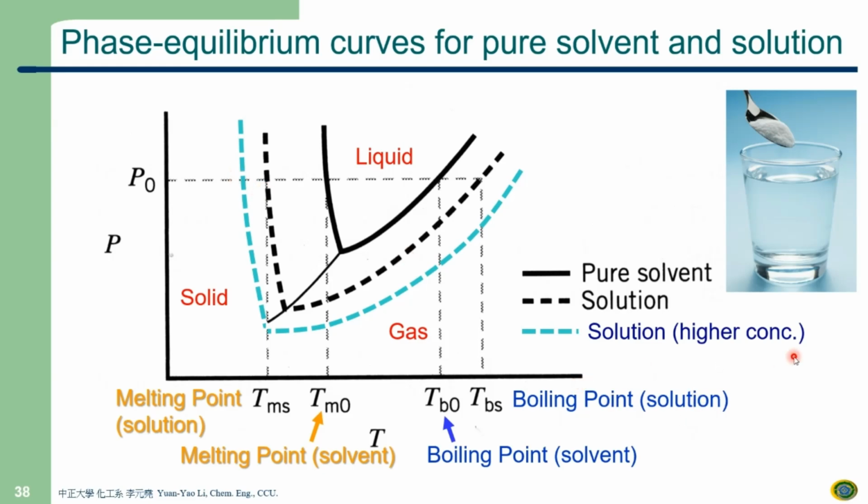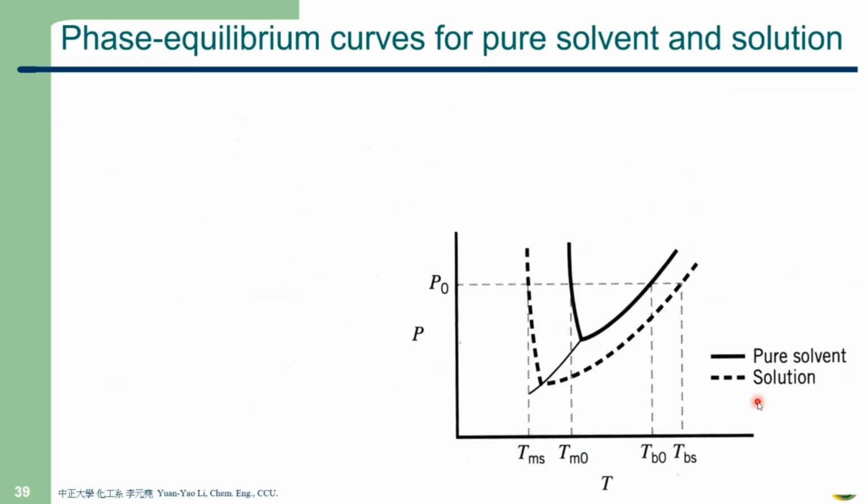And if you put much more, the curve will become like this. And this is delta, right? So what's the degree of this? This is what we call the phase equilibrium curve for pure solvent and solution. This is delta TB and this is delta TM. B stands for boiling, right? M stands for melting.